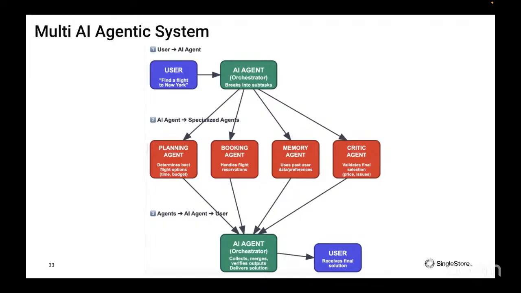One agent is a planning agent, which plans everything, and then there is a booking agent which handles flight reservations, and there is a memory agent which is very useful, like, uses past history, user data and preferences, and there is a critic agent which validates the final selection, price, issues, and all those things, right? And then again, the final orchestrator agent collects everything and basically creates a proper plan and gives it back to the user.